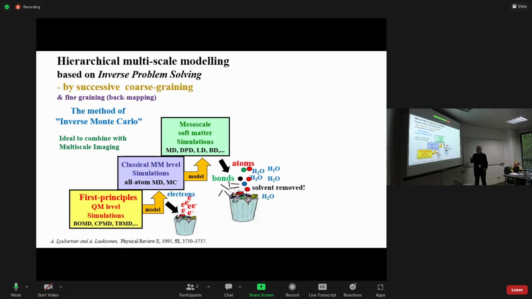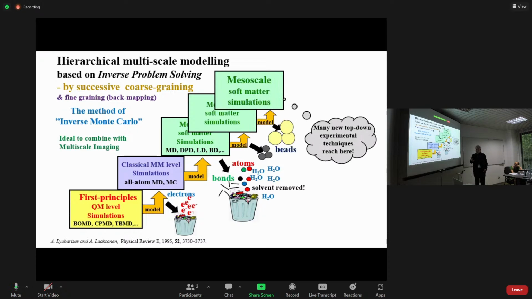We throw away the atoms, we throw away the bonds, we throw away, for example, solvent entirely. So we just have particles there. And this way we can go up several levels. We can coarse-grain, create a new model, go to the next level, create a new model, and so on. And this is the level many of the methods, experimental methods we heard today, also come from.